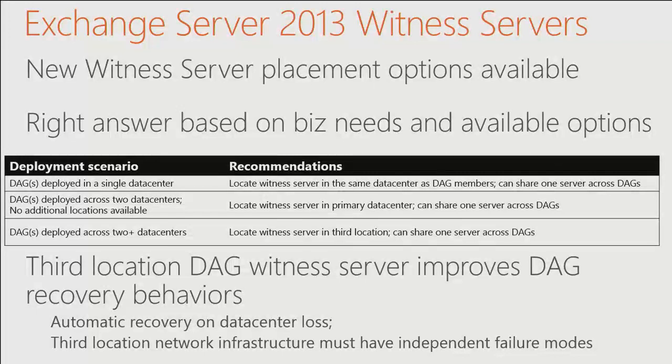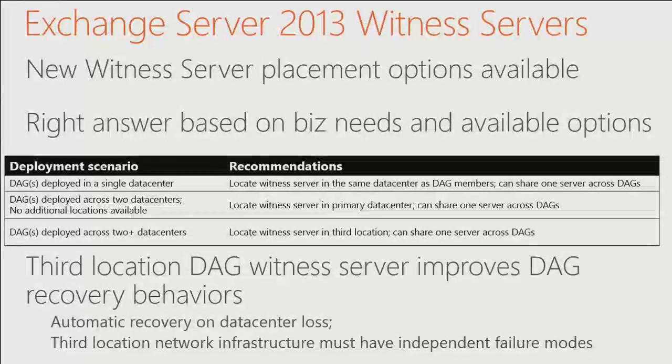Witness Server 2013 choices, there's one more choice. The historical choices of, hey, you put it in the data center where you have all your servers, if you have only one data center configuration, still there. The 2 data center configuration, pick one to be primary, put it there.